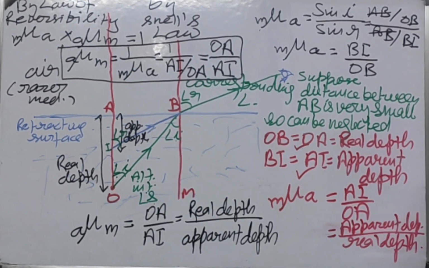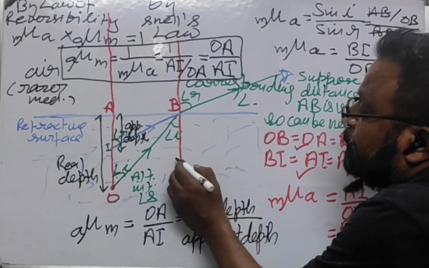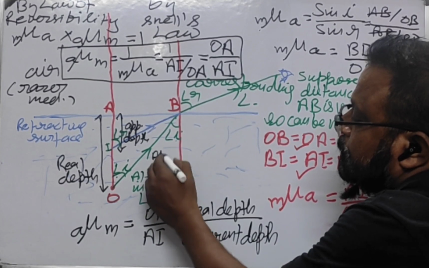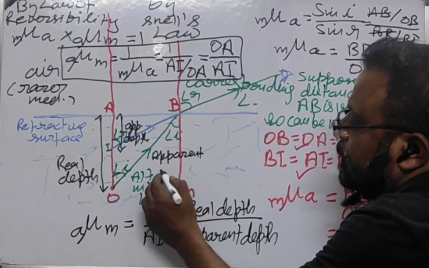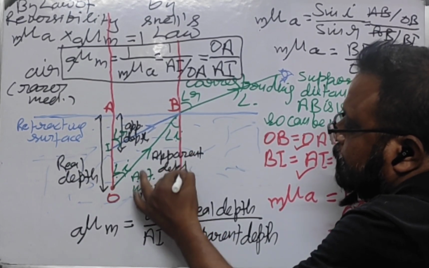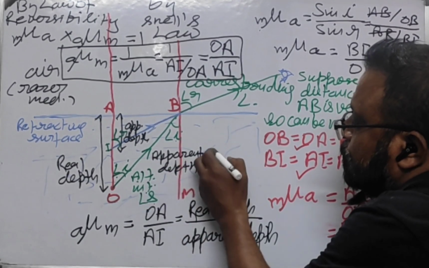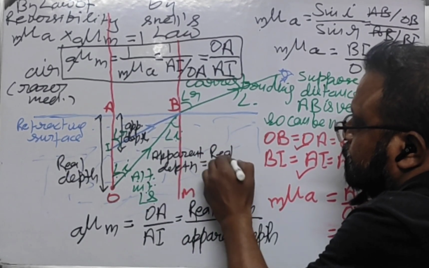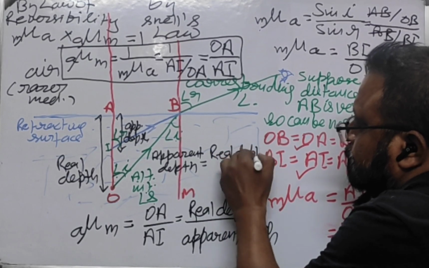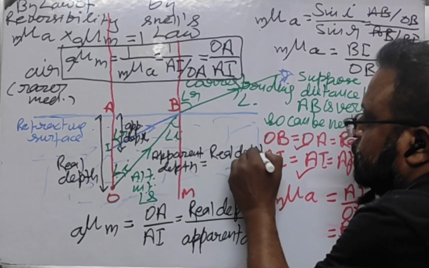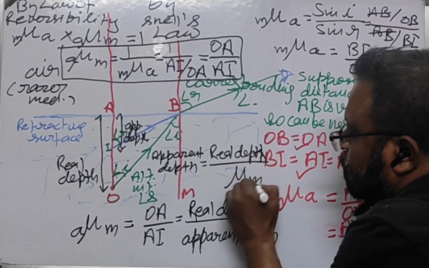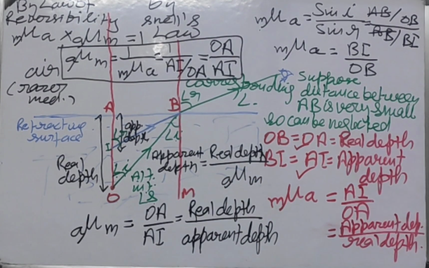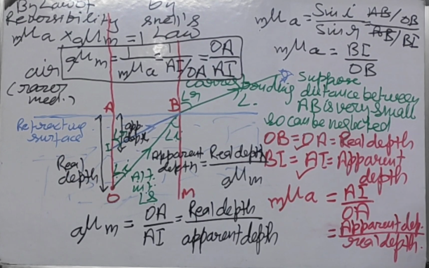So we can say that apparent depth is equal to real depth upon refractive index of medium with reference to air. Getting? Up to here you have written.